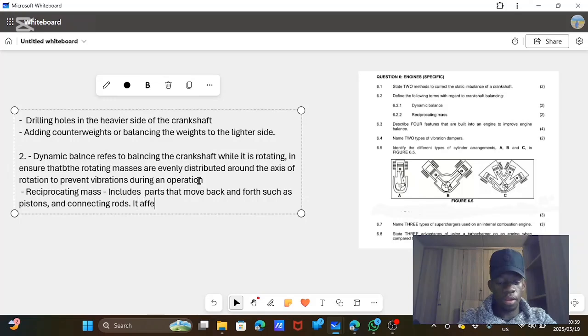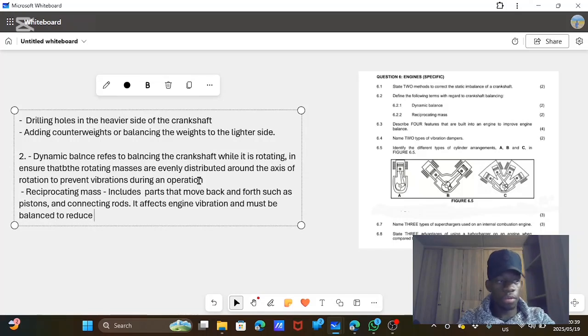They affect engine vibration and must be balanced to reduce wear and improve smoothness.